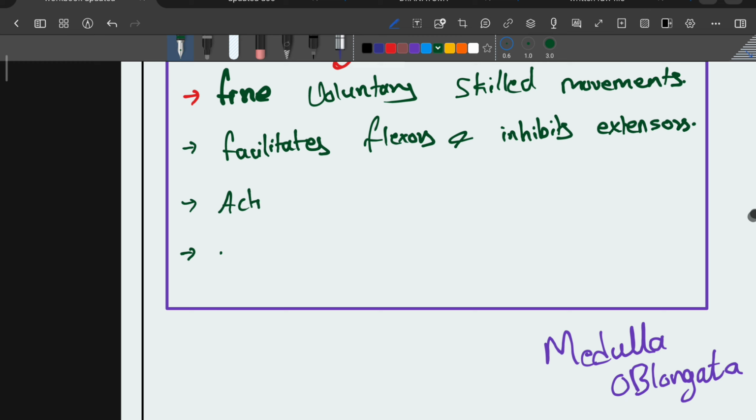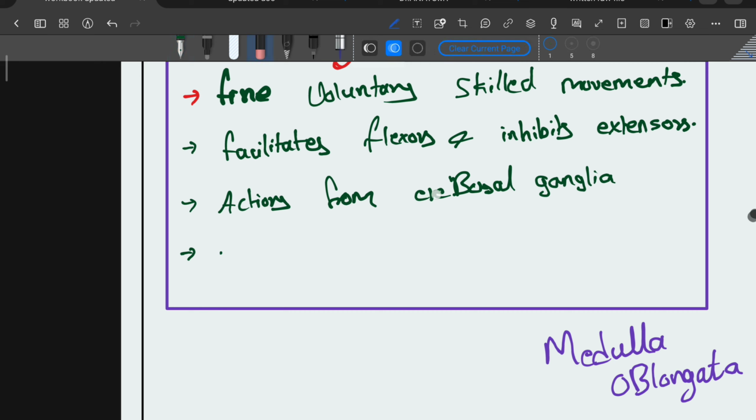Also, actions from the basal ganglia and cerebellum are controlled by these tracts.